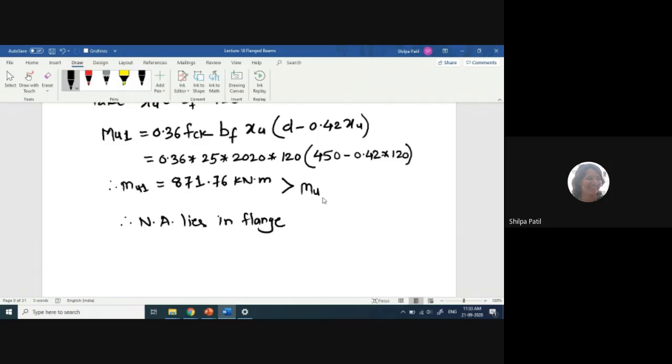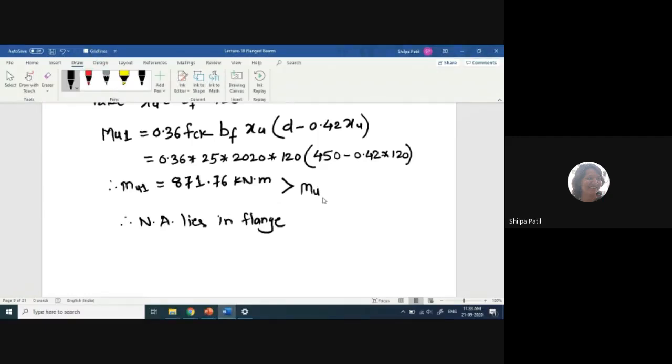If MU1 is coming less than MU, then we have to assume the second case, that is XU is greater than 7 by 3 DF, in which again we consider XU equal to 7 by 3 DF and do the further calculation.